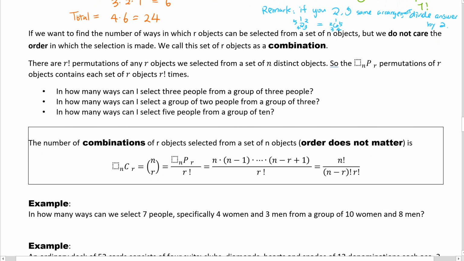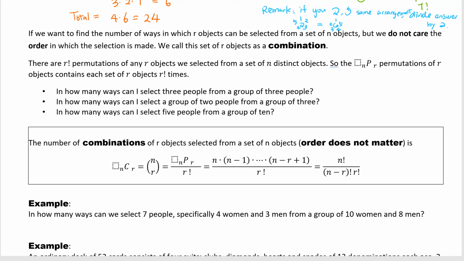We've done a lot of examples where the order matters. But now, if we want to find the number of ways in which R objects can be selected from a set of n objects, and we don't care about the order in which the selection is made, we call this set of R objects a combination.